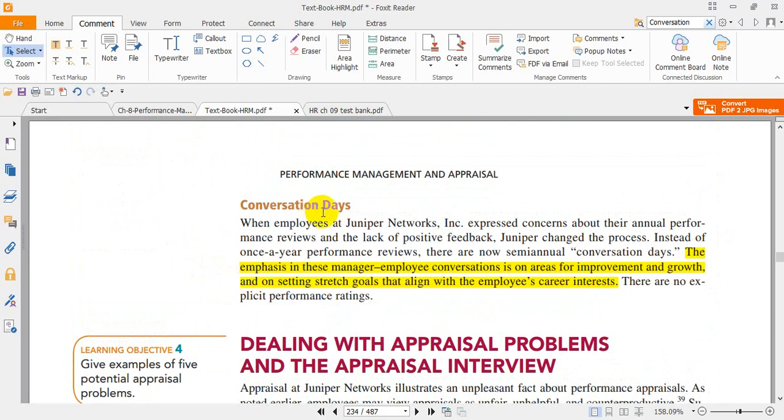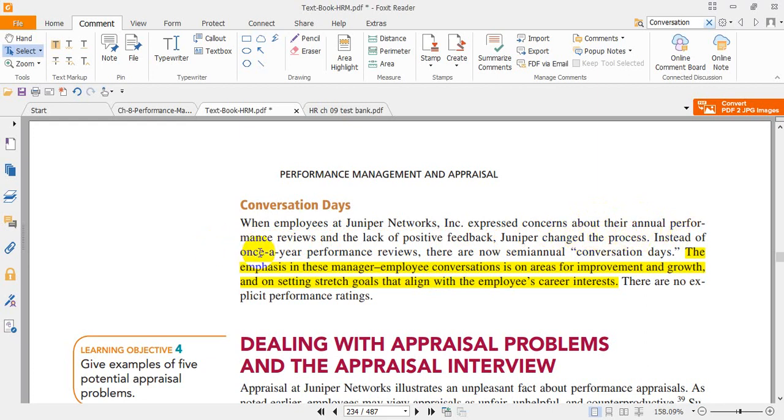Conversation days: when employees at Juniper Networks expressed concerns about their annual performance review and the lack of positive feedback, Juniper changed the process.